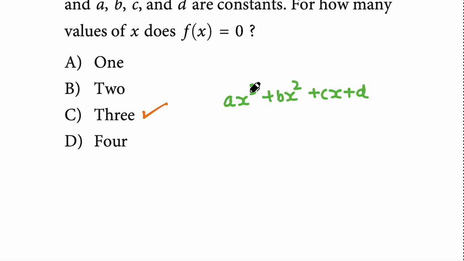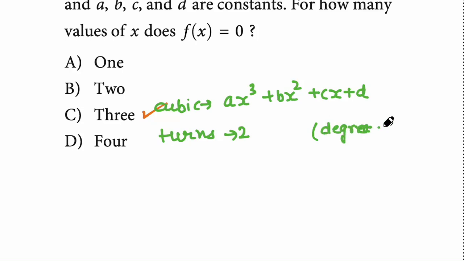Because it's a cubic polynomial, you can write down these concepts in your notebook. It will take 2 turns, which is 1 less than the degree, degree minus 1.